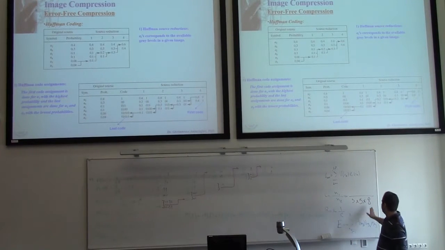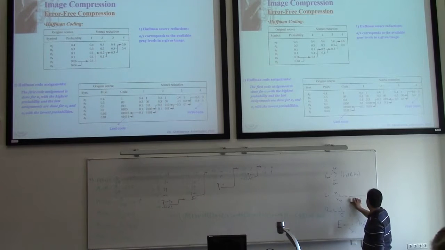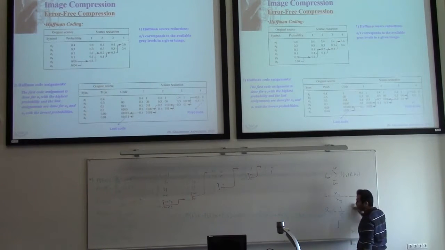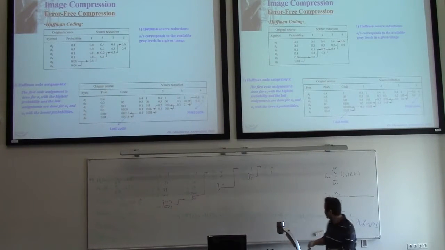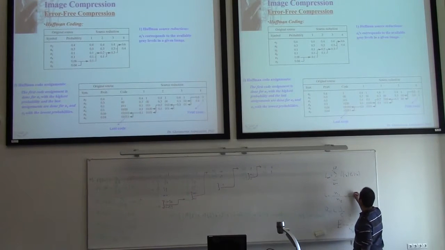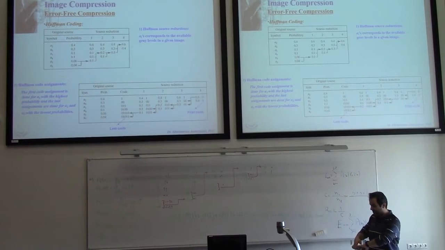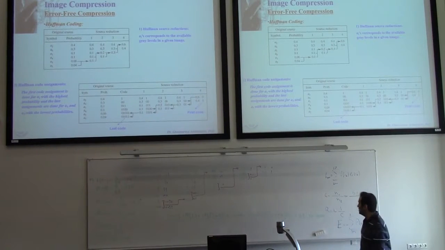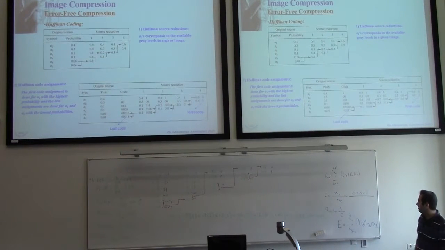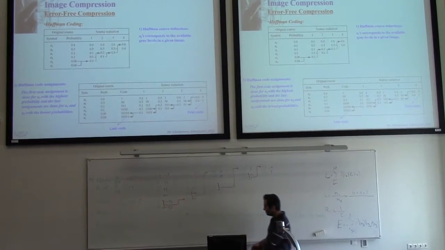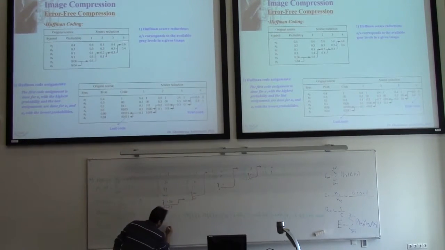I think we have a mistake here. To find the compression ratio, we have to put the original one here: 5 by 5 by 8. Okay, sorry for my mistake. To find the compression ratio, we have to write this.